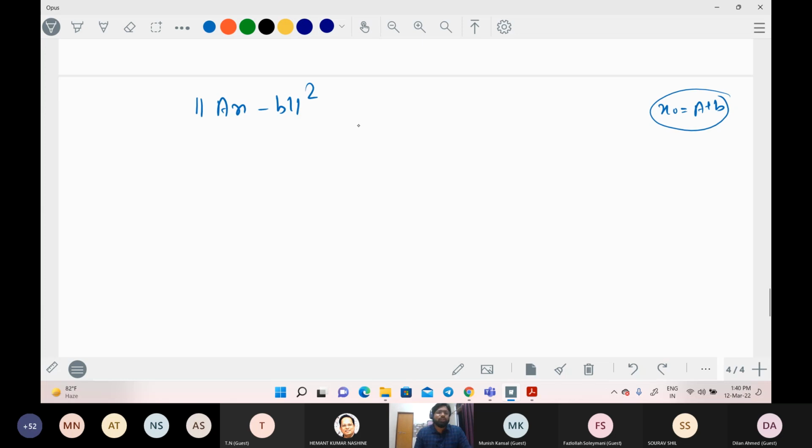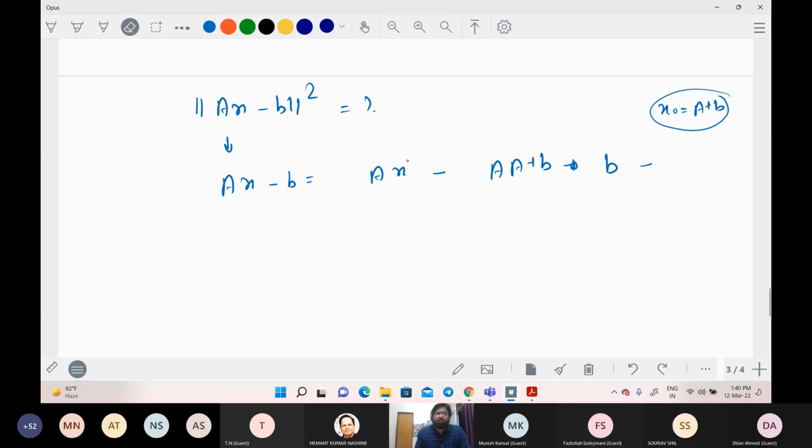Okay, so we can write this norm of Ax minus b. Before that, let me write one thing. We can write Ax minus b as Ax minus A A dagger b plus A A dagger b minus b.